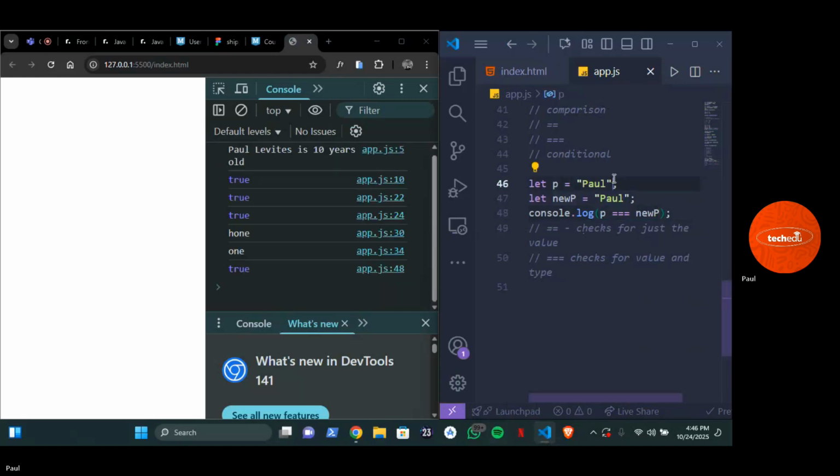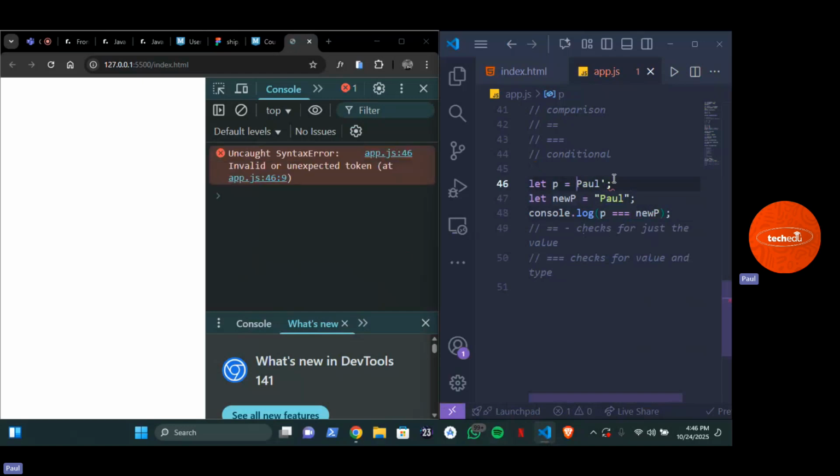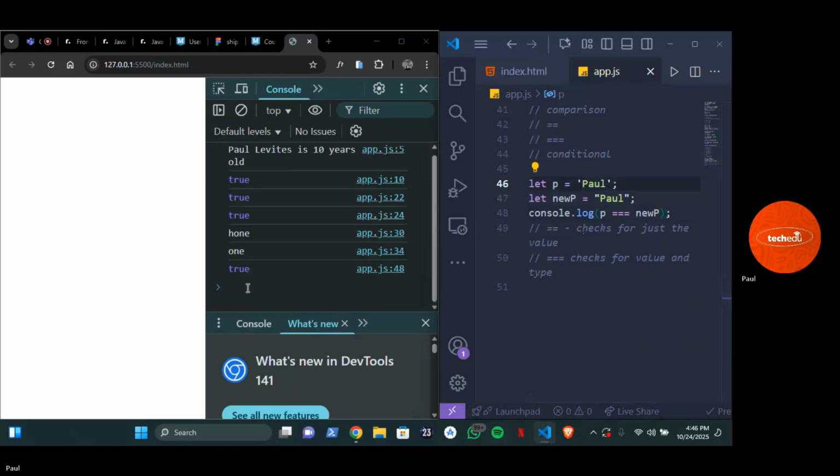This one is still going to give you the same answer because it's a string. Do you know the type that I'm talking about? If you understand, you can let me know.